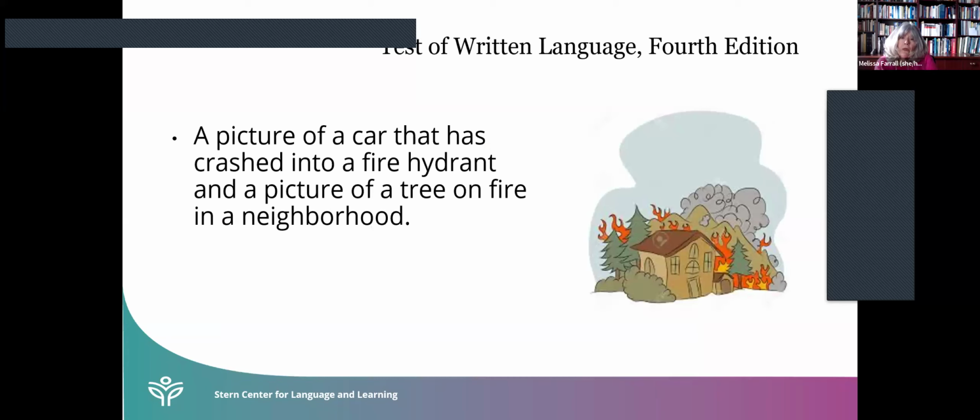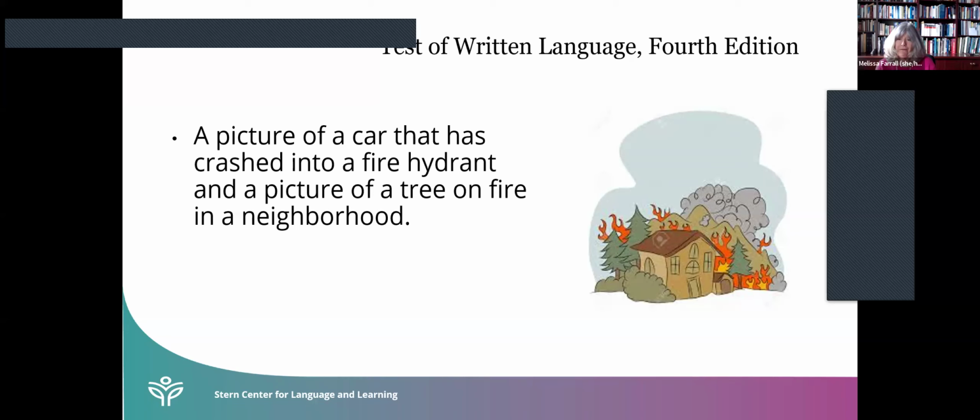But what we went to were pictures of neighborhood scenes, where one is kind of a car crash and the other is a picture of a tree on fire. And the fact is that with these new picture prompts, you can write about them easily using a first and second grade vocabulary. You don't need any big words.